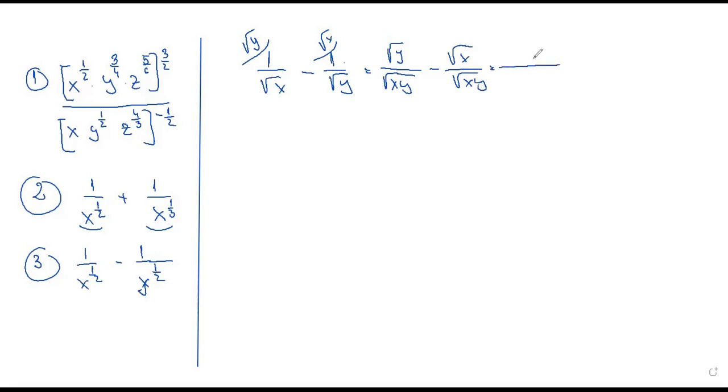Then we write them under one fraction. So that becomes square root of y minus square root of x over square root of xy.